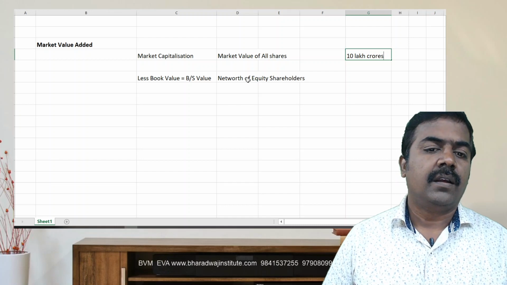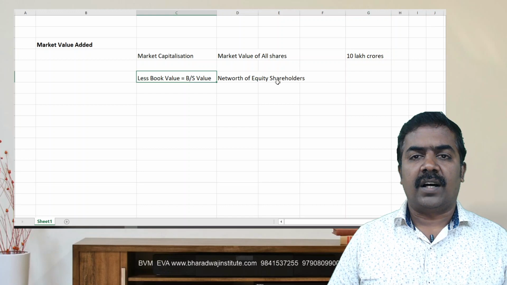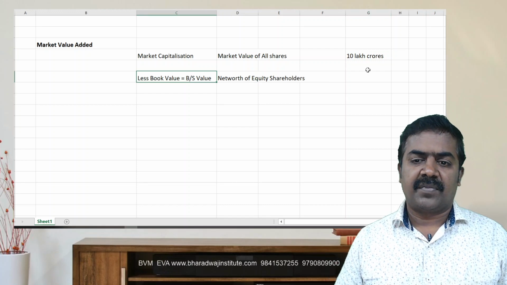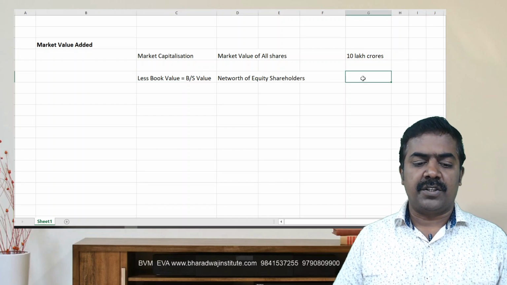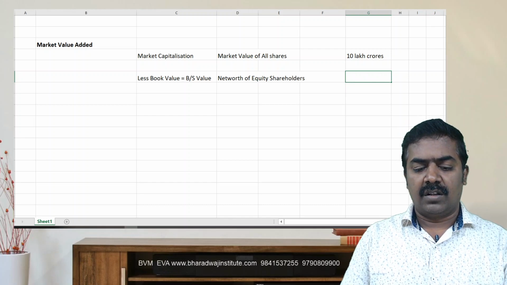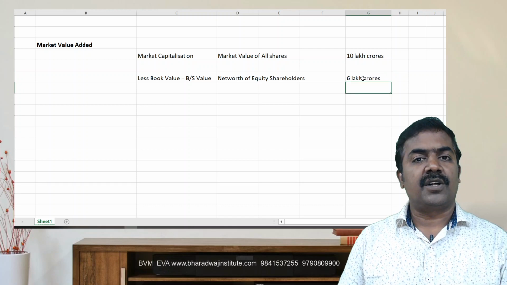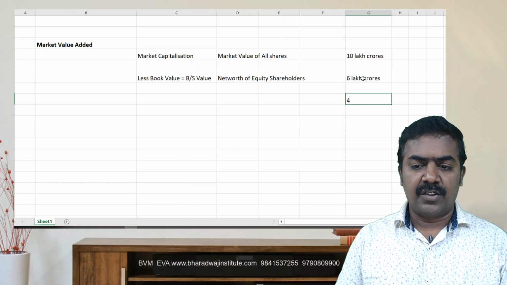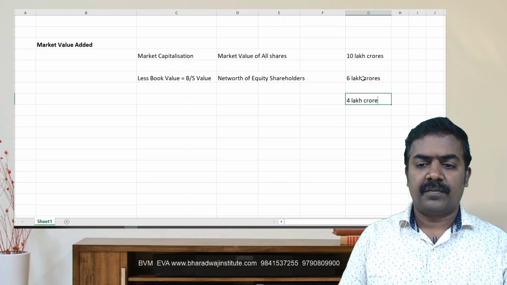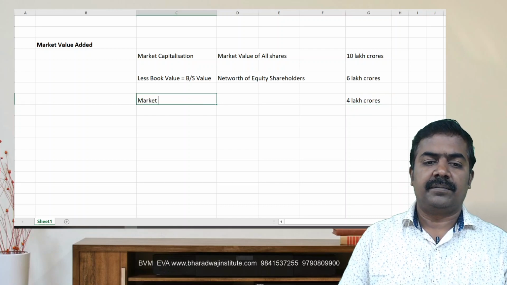And their balance sheet value, if you work out assets minus liabilities, that is, the net assets available for equity shareholders, may be 4 lakh crores or 6 lakh crores. That is the historical cost value. The difference, 4 lakh crores, is called market value added.